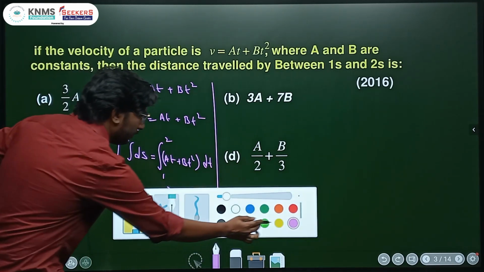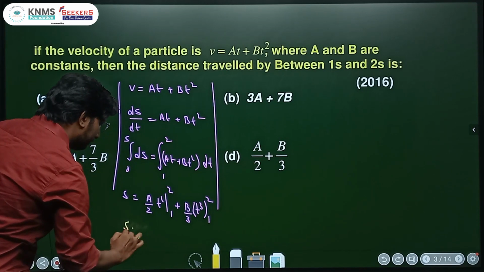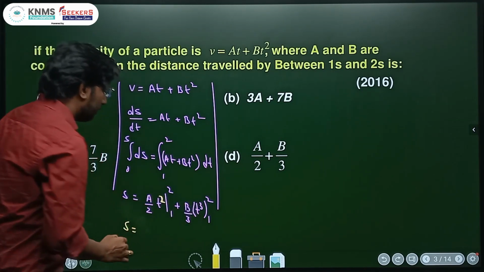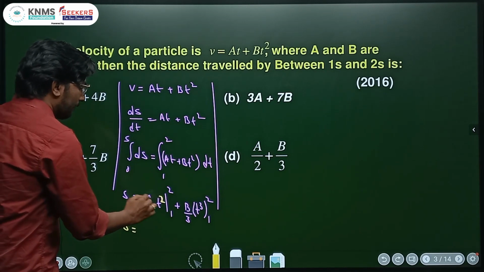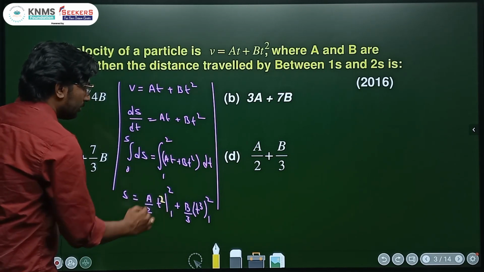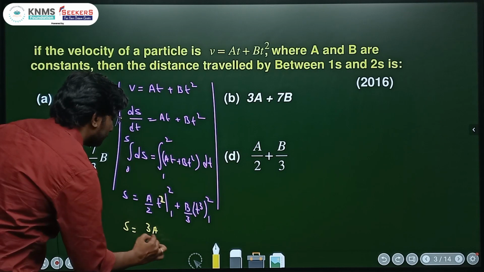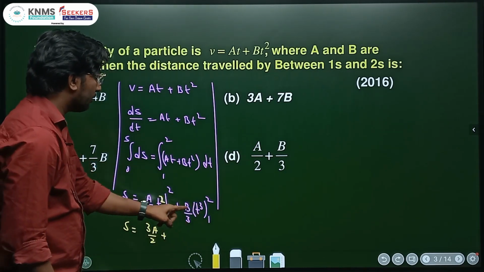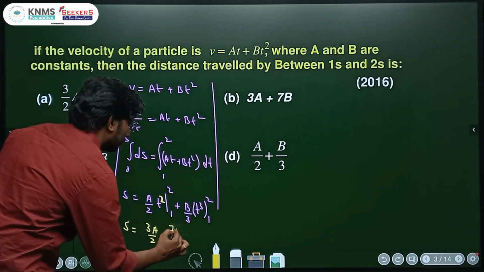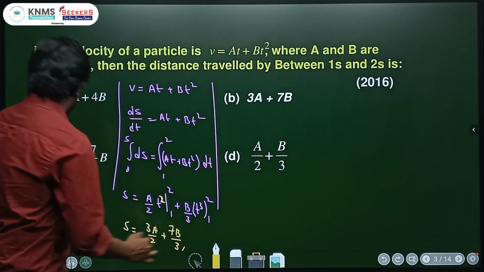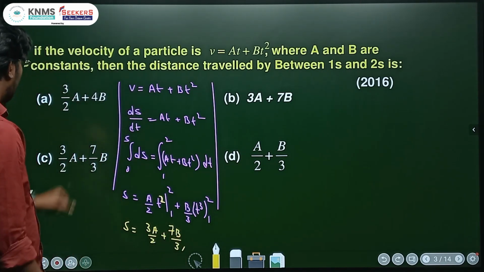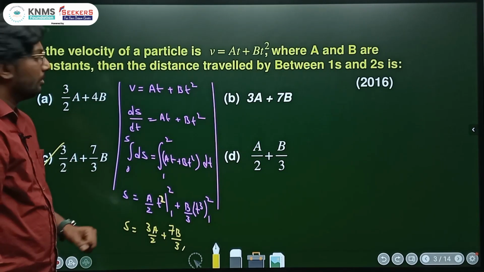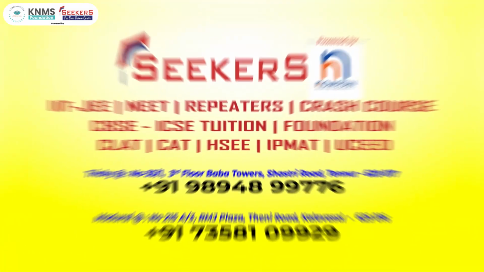If you substitute the values, this will be a by 2 into 4 minus 1, in other words 3a by 2, plus b by 3 into 8 minus 1, that will be 7b by 3. So option C is our answer, 3a by 2 plus 7b by 3. Next question.